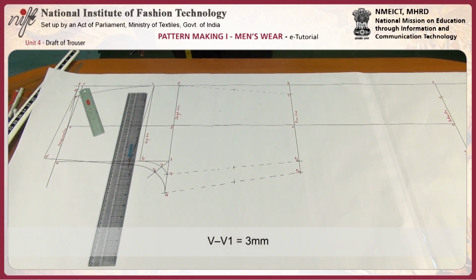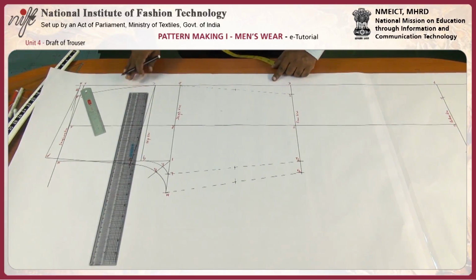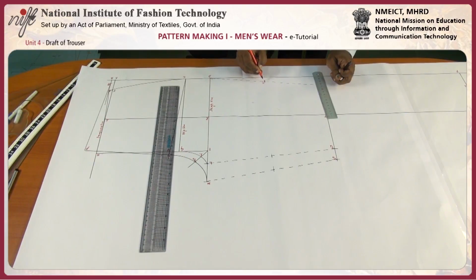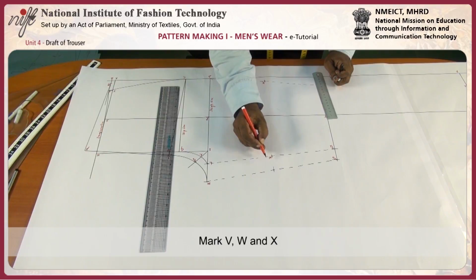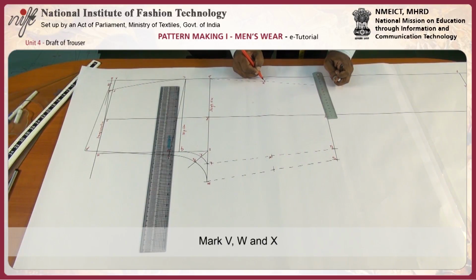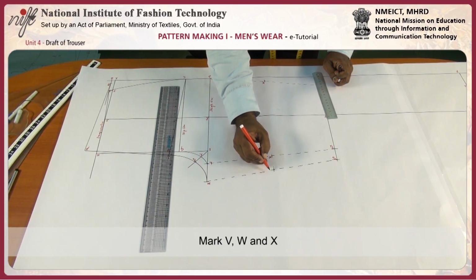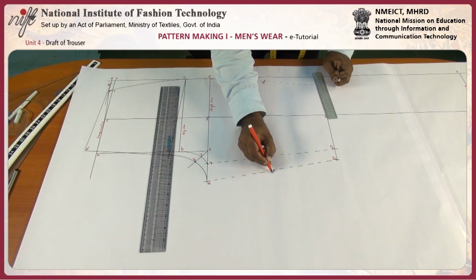Measure 3 millimeter from point V1. Mark V, W and X.